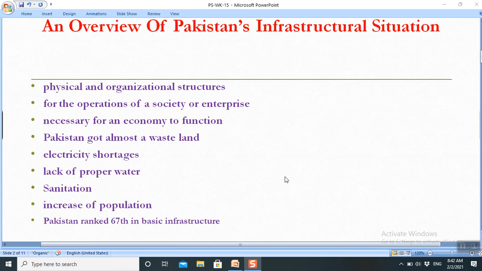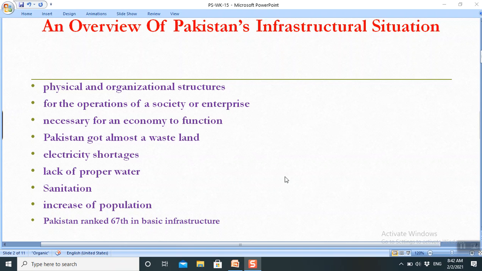Later on, the British came and started the policy of divide and rule, and they gobbled most of the resources and exported them to England and the European markets.